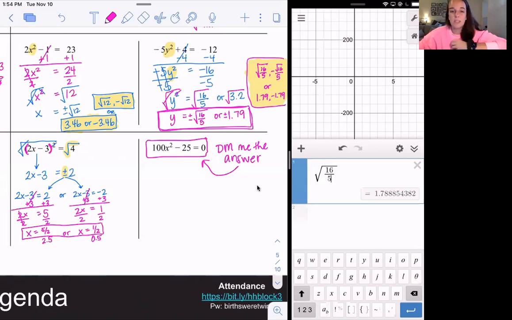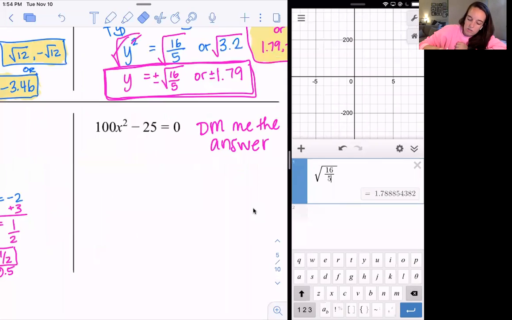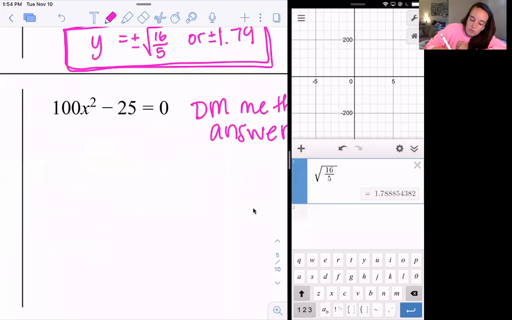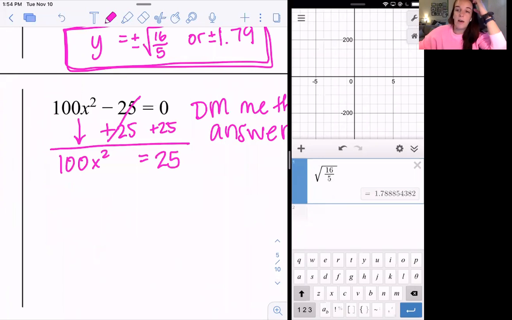Awesome. Okay, team. I'm seeing a lot of great answers here. I want to go ahead and do this problem together. So first question was, do we add 25 on both sides? Which we totally do. 100x squared equals 25. What do we do right after that?